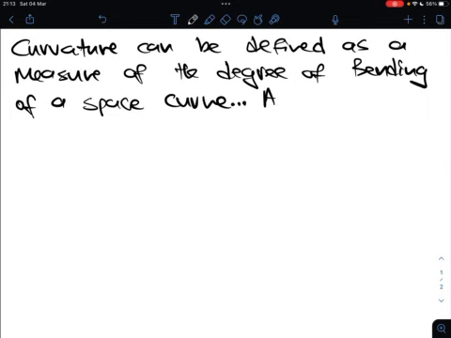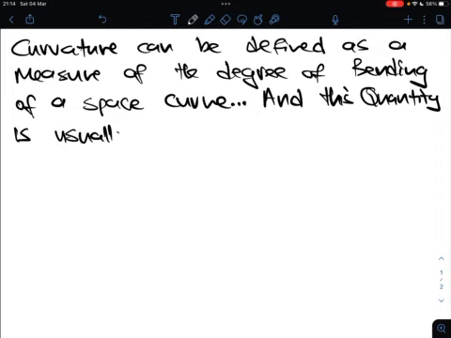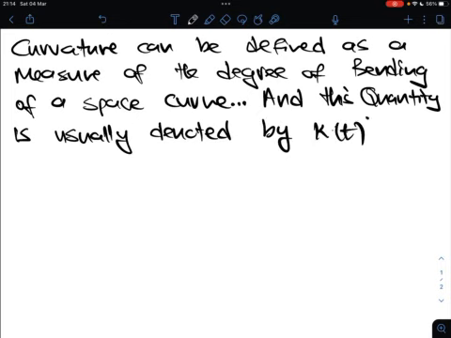And this quantity is usually denoted by kappa of t.